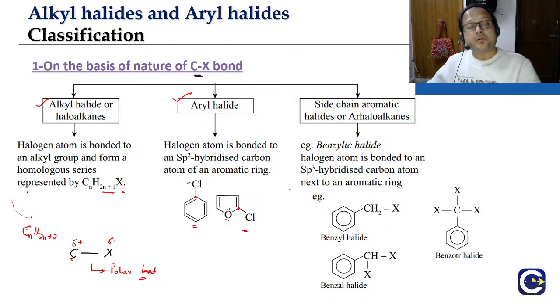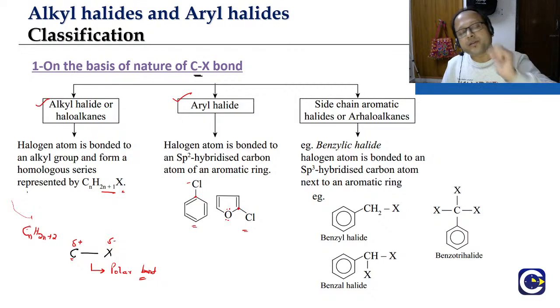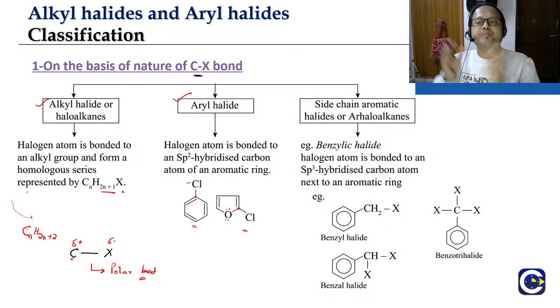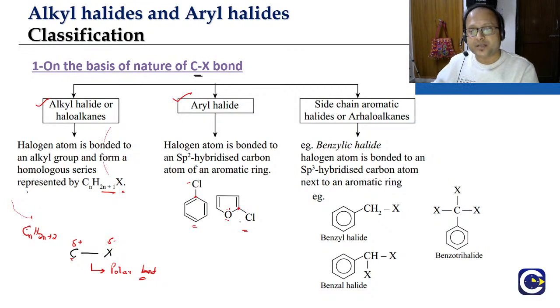Acha. Now one is a pure aliphatic one. You can have an alicyclic one also. You have got the aryl part also, and then you can have a mixture of both, right? Mixture of both means your halogen will be present on the side chains. So here you have got them on the side chains, right?